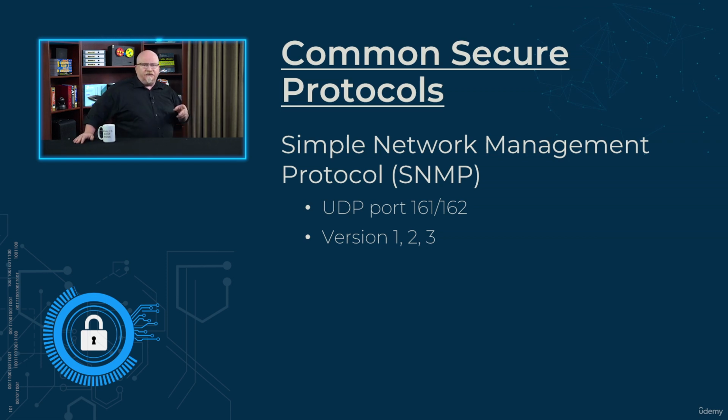SNMP was originally, with version 1, completely unencrypted in any way, so anybody could grab this information. In fact, you could query devices. Starting with version 2 and now with version 3, these are all well encrypted and they do a very, very good job. If you're going to be using SNMP, make sure you're using version 3, because every SNMP capable device, every piece of SNMP software is capable of version 3.